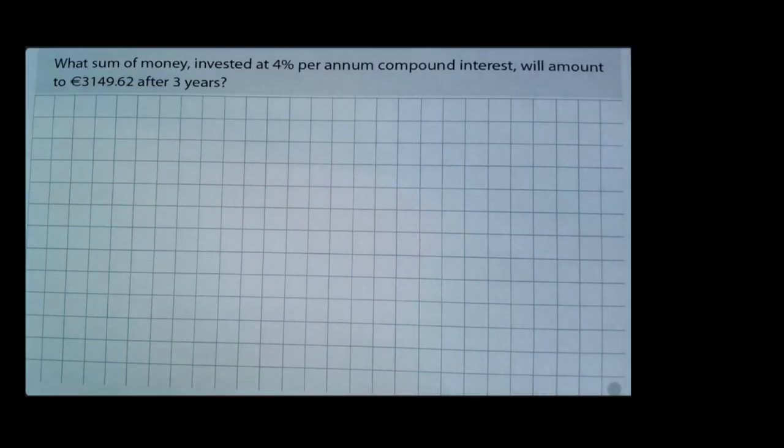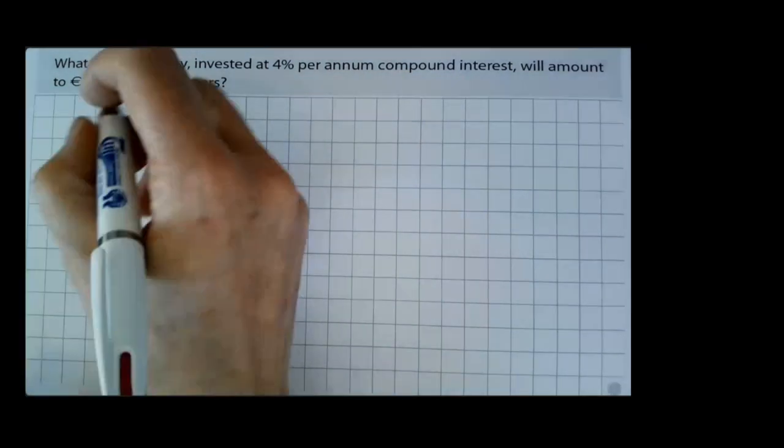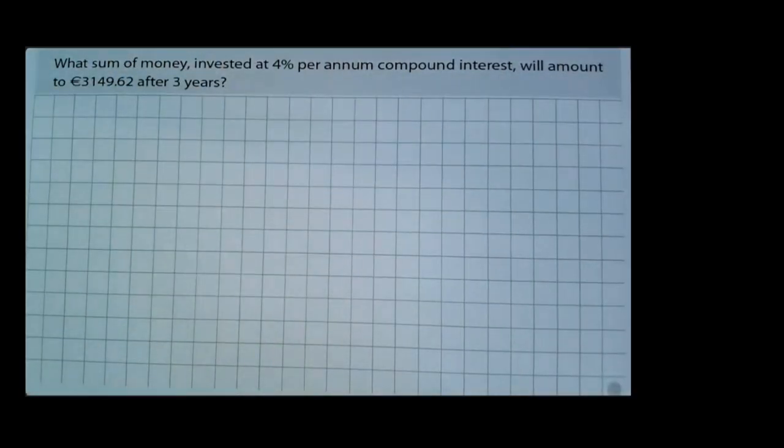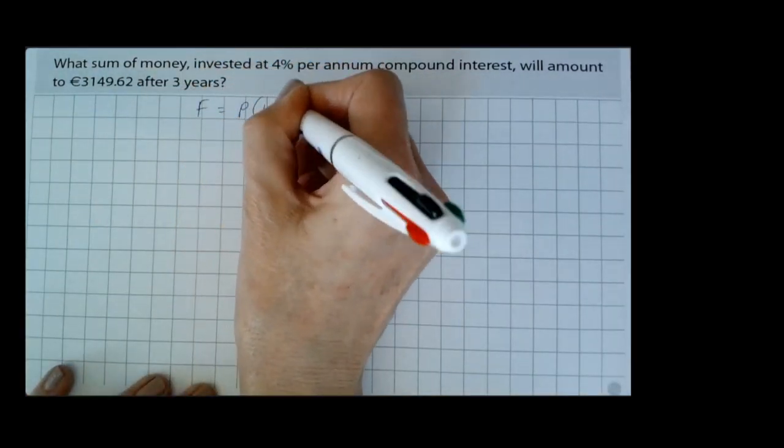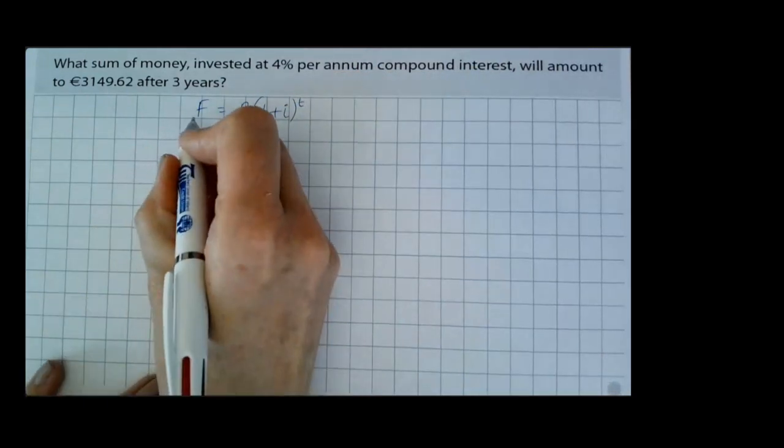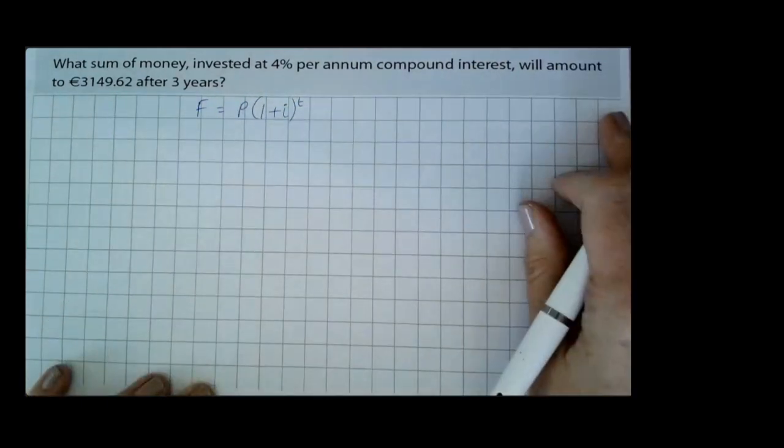Okay, and here's another question where we are going to use our compound interest formula to find a missing piece of information. Okay, so pause the video here if you want to give this one a go. I'm going to take down my compound interest formula here again, and I'm going to put in all the bits of information.